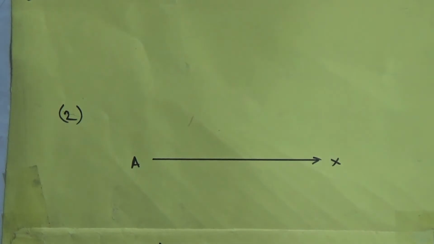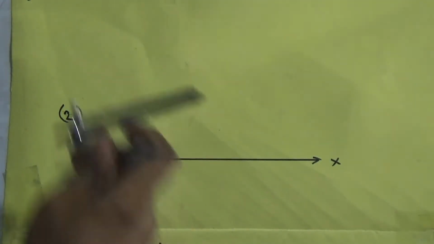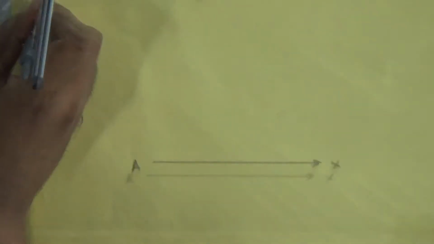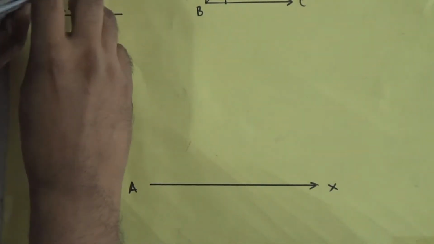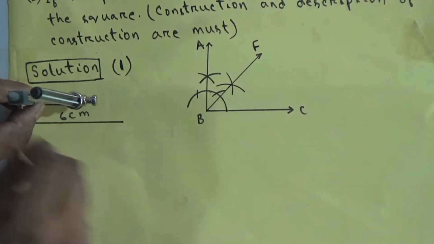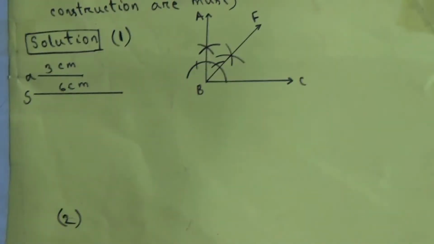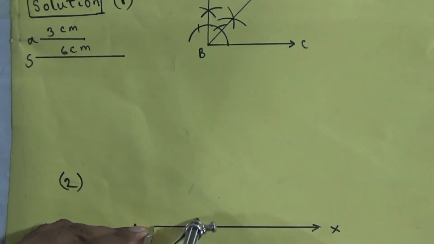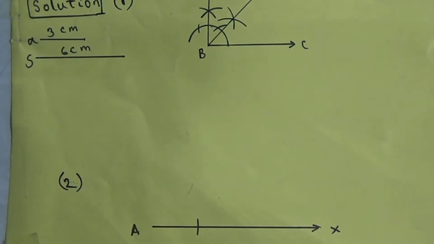Now we will cut AB from AX, which measurement will be 3 centimeter. That means its measurement will be equal to A. The name of the point is B.